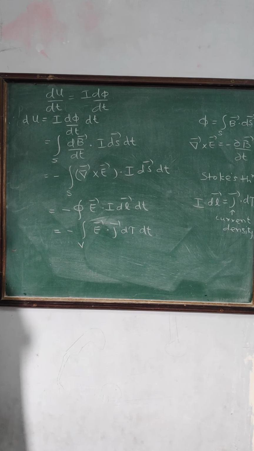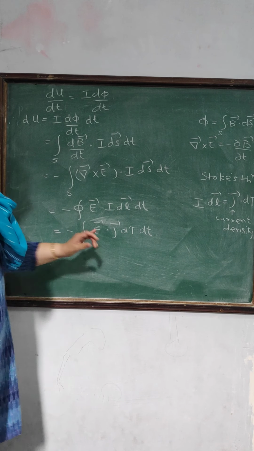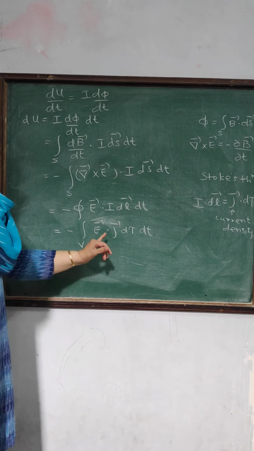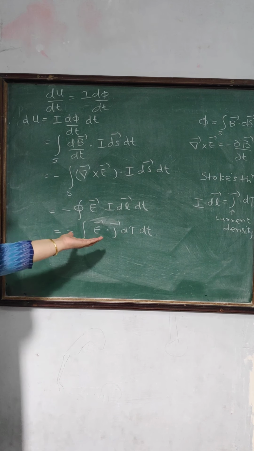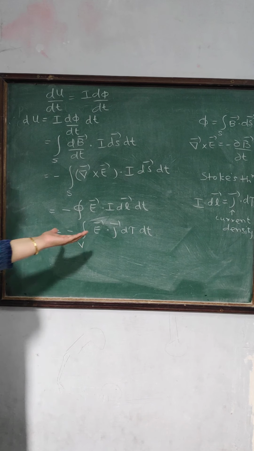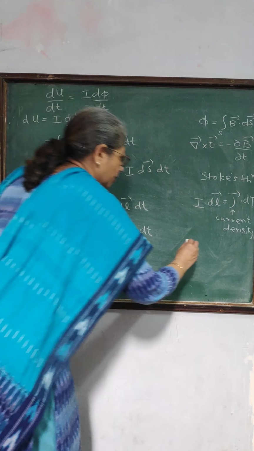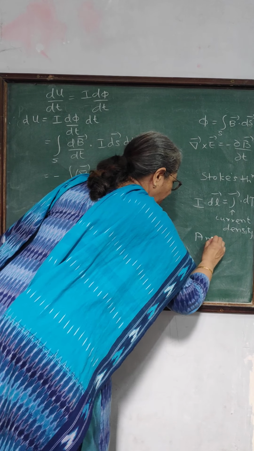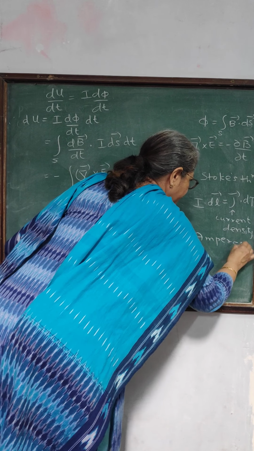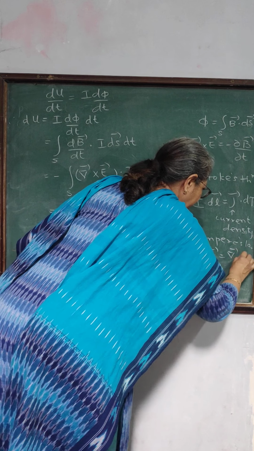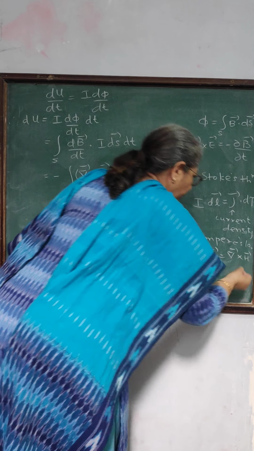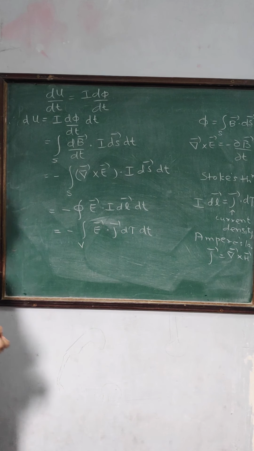Now in this equation, instead of J I will write del cross H, which is Ampere's law, one of Maxwell's equations. Ampere's law says J is equal to del cross H, the equation for static fields.